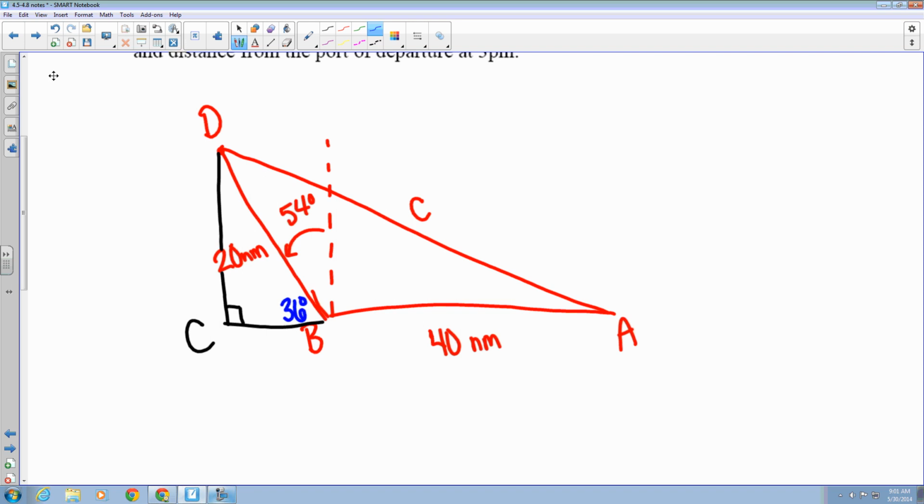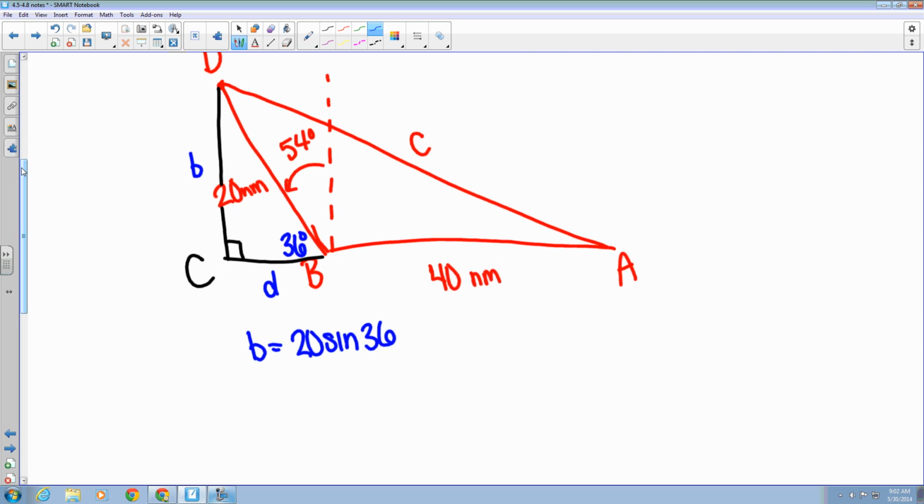And if I want to find these two sides, this would be side B, side D. If I want to find side B, it would be 20 times the sine of 36. That's solving for it after setting up the trig ratios here. And side D would be 20 cosine 36.